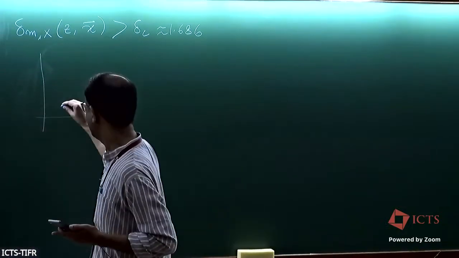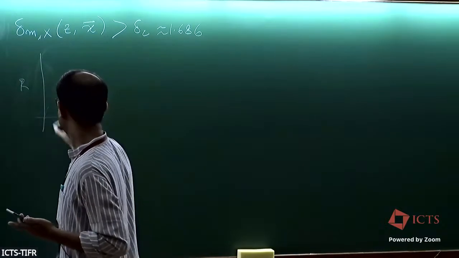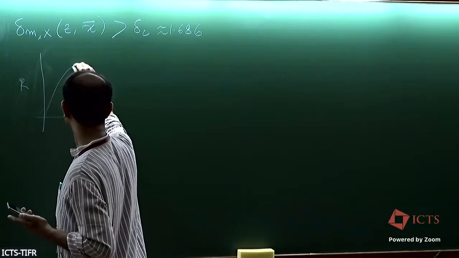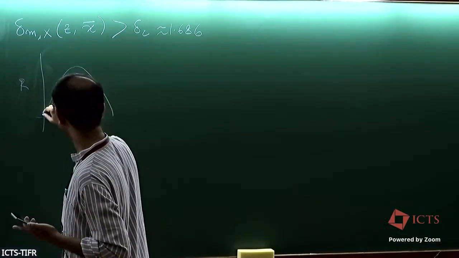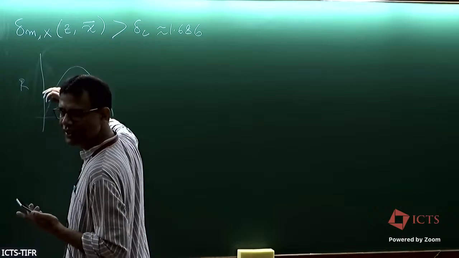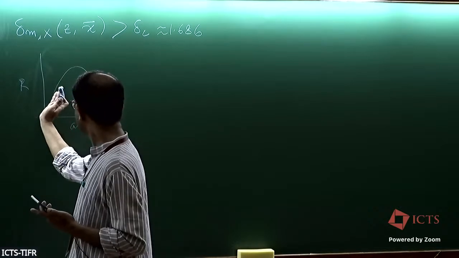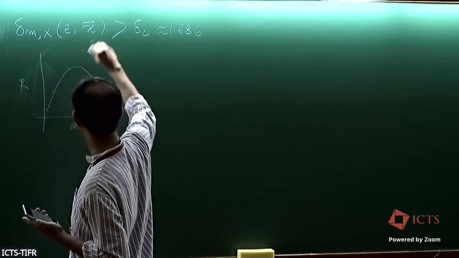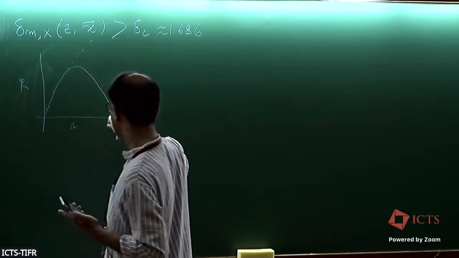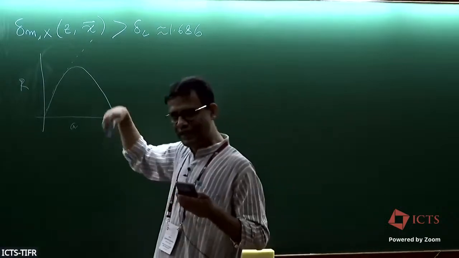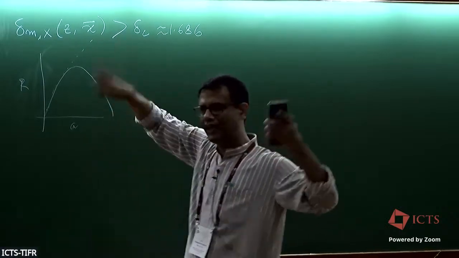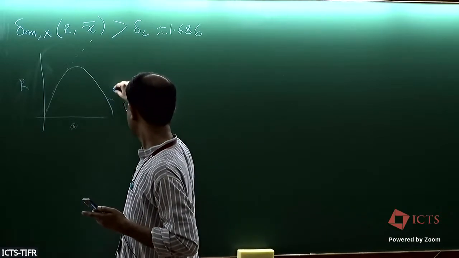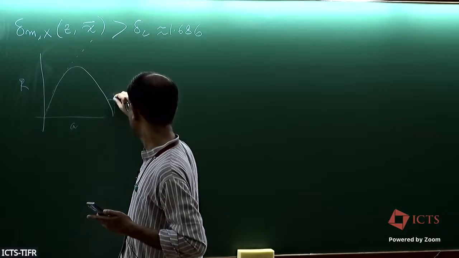If it is overdense, the radius versus some a or z increases and then goes down. Initially it was increasing with the expansion. Then because it is overdense, it starts to slow down compared to expansion. So the expansion might be going this way. It slows down, turns around and collapses. But of course, it really doesn't collapse to zero because all this non-radial motion takes over. So from somewhere here, there is some violent relaxation and it reaches some equilibrium here.